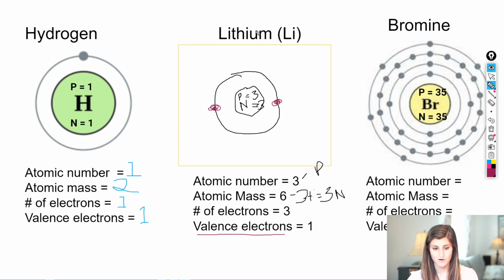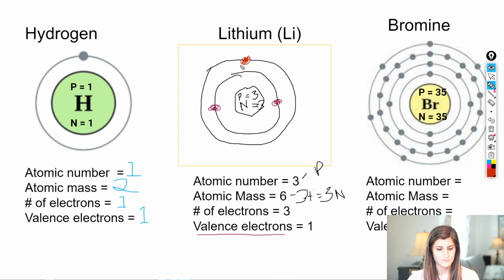So that means that our outermost electron is going to be 1. So let me draw that. And so we have 1 valence electron, and that makes a lot of sense because we had a total of 3 electrons. And you can double check your work to just show that we have our number of electrons. We have 1 electron, 2 electrons, 3 electrons, and we are all set to go.